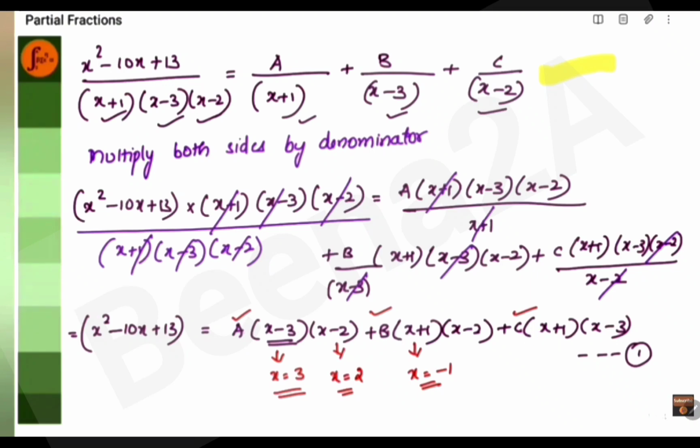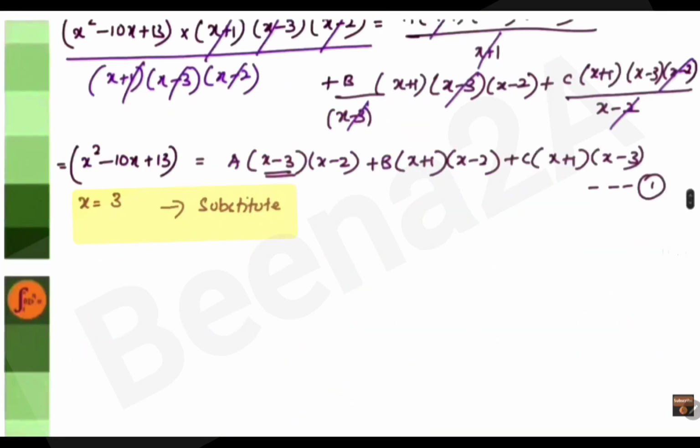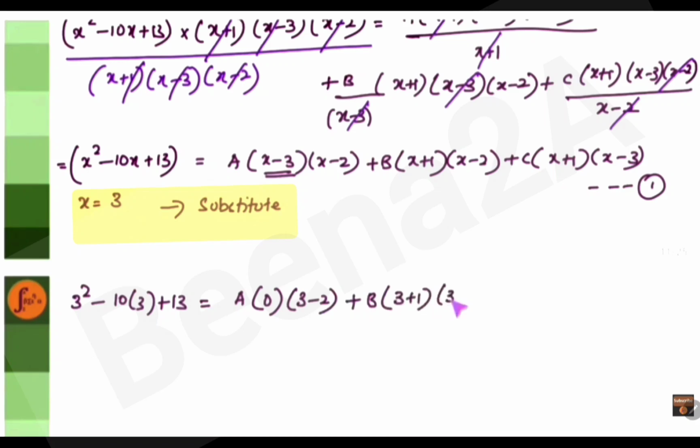Now let's substitute first x is equal to 3. You will get 3 square minus 10 into 3 plus 13 is equal to a into 0, because 3 minus 3 is 0, and 3 minus 2, plus b into 3 plus 1, 3 minus 2, plus c into 3 plus 1, 3 minus 3, right?